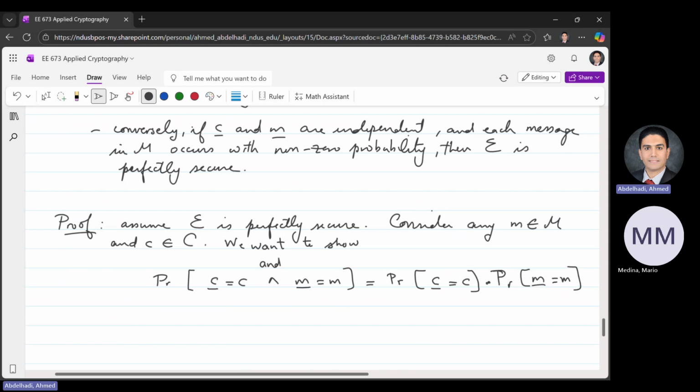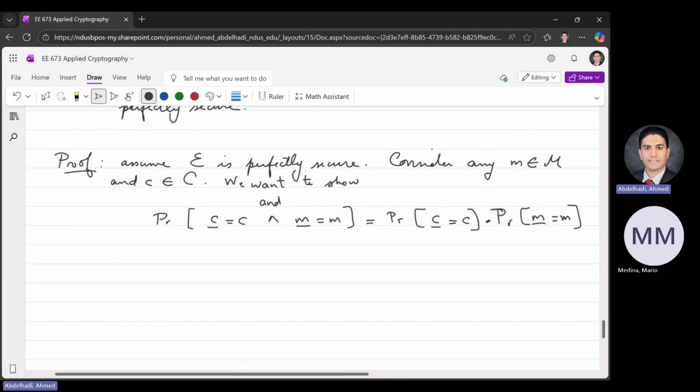This is just the definition of independence. If you have two random variables and you take the intersection, the "and", between them, and it ends up as a product, this means these two random variables are independent. This is the definition of independence of any two random variables, so this is not something new. This is what we want to show.